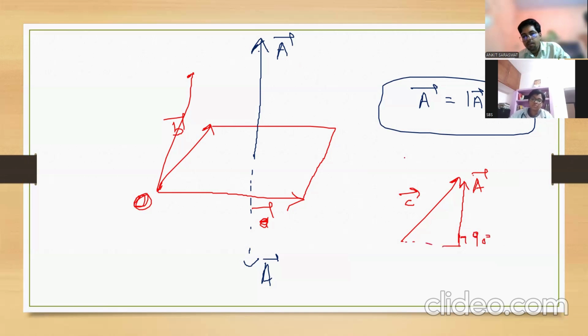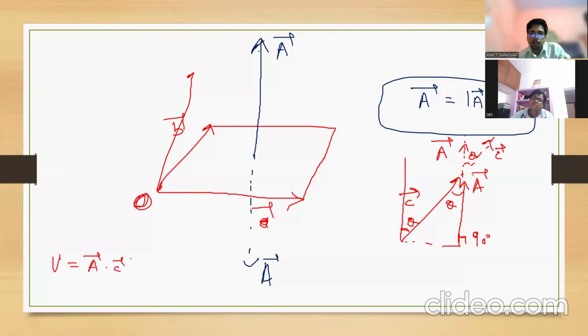If this is theta, this is also theta. You can take this a little bit extended. This is also theta. C vector, A vector. So you can write volume will be A dot C. The angle between these two will be this theta.